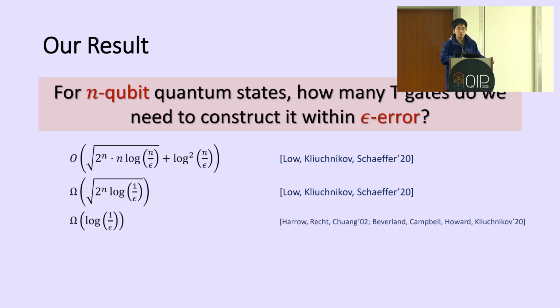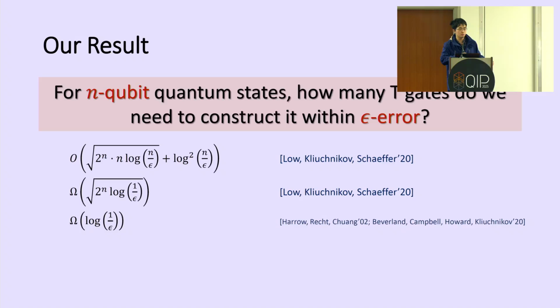Let's say we have n qubit quantum states, and we want to construct it within epsilon error. In their paper, they also have a bound that's square root 2 to the n times n log n over epsilon plus an additive log squared n over epsilon. They also prove a lower bound that is square root 2 to the n log 1 over epsilon. Also, if you put n equals 1 there, the lower bound is only square root log 1 over epsilon. That is inferior to the single qubit lower bound that I mentioned, which is log 1 over epsilon.